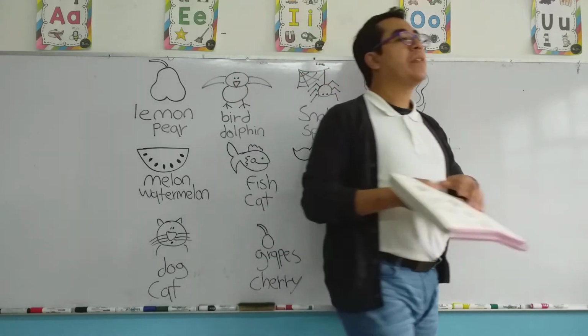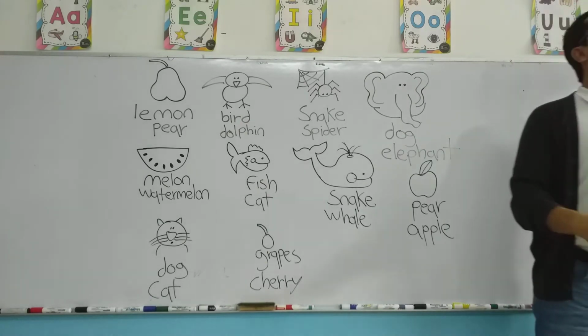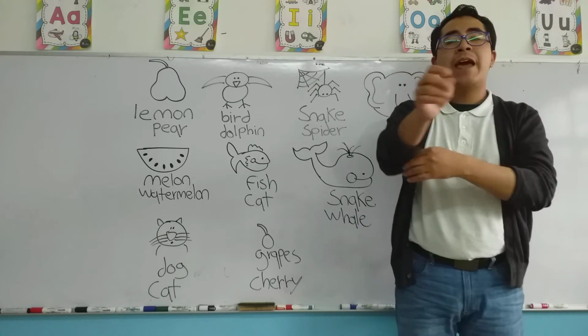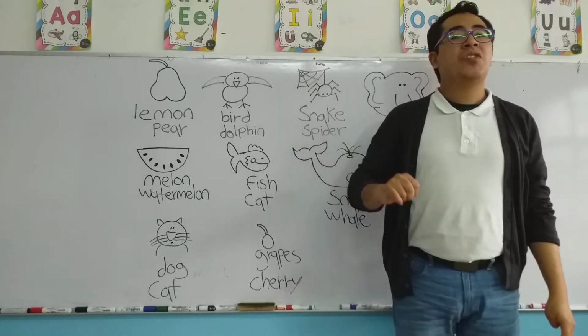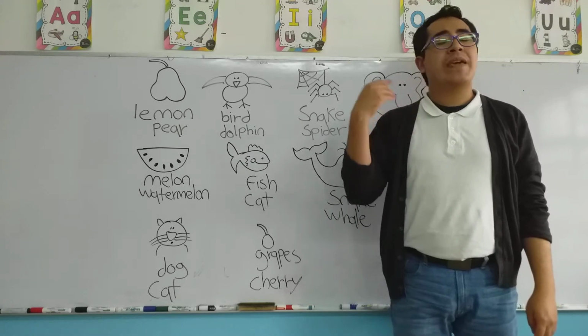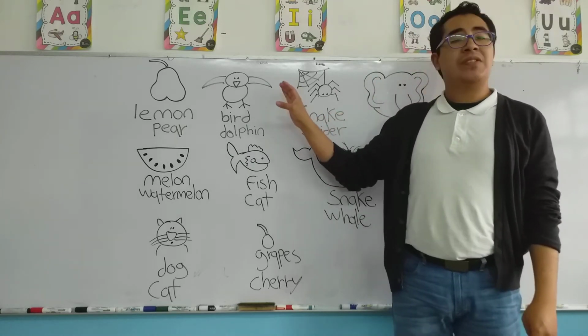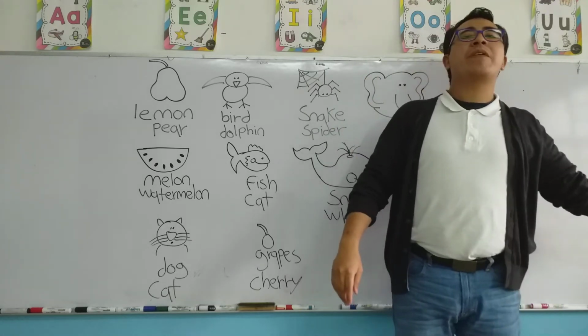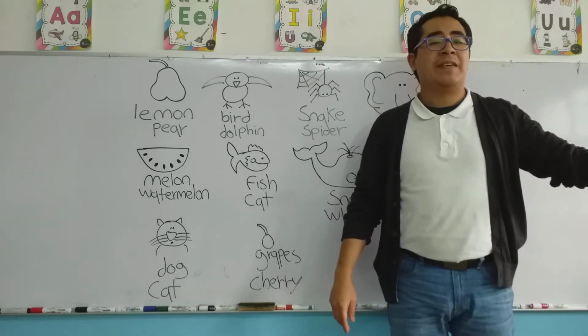Now remember, the teacher Jacob works on the whiteboard so you can appreciate the results better. Here, as you can see, we have several pictures, several drawings or images. The images that I have here are part of all the vocabulary that we have been practicing.